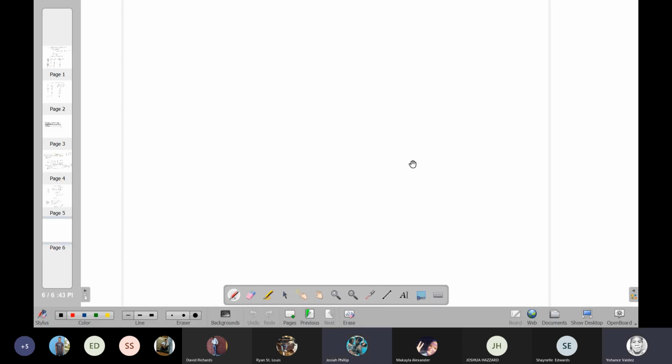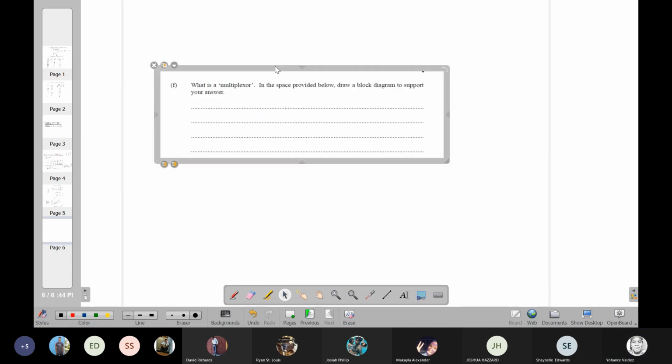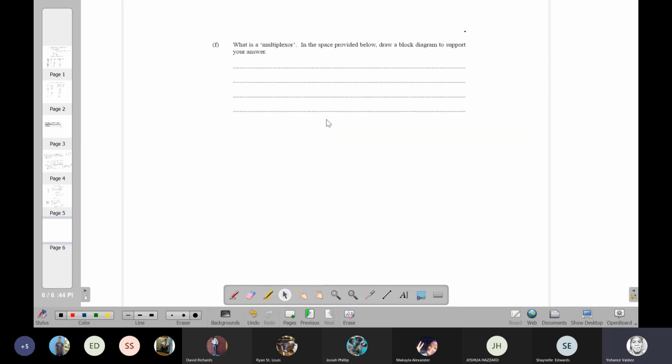Okay, so the next question asks us about a multiplexer. What is a multiplexer? At this point, we should have the definition of a multiplexer tattooed onto our brains. Anybody want to tell me?